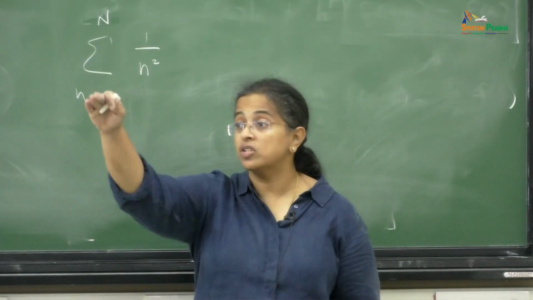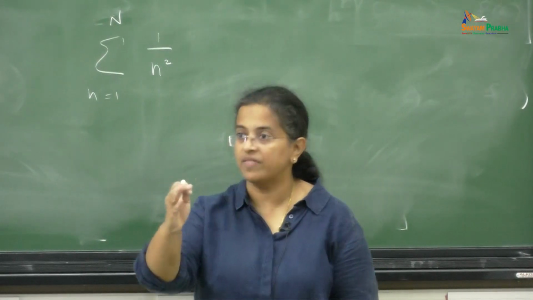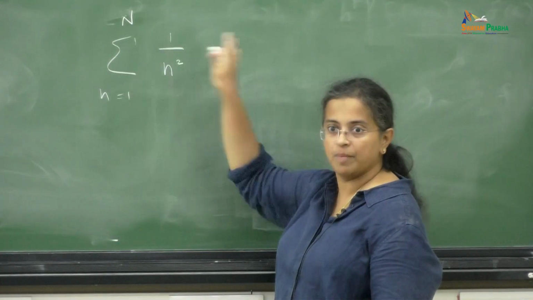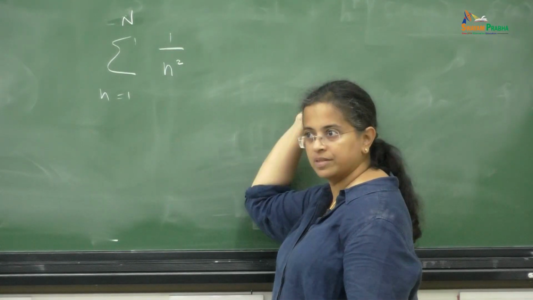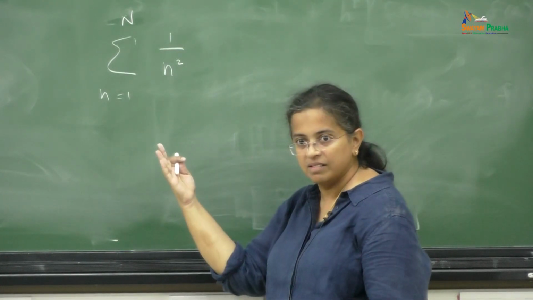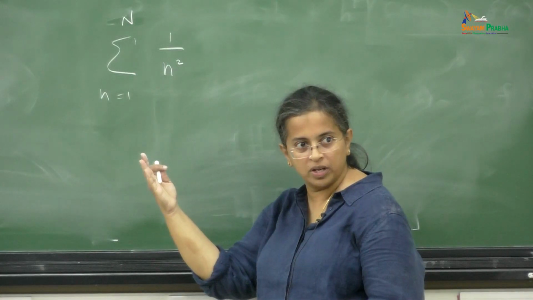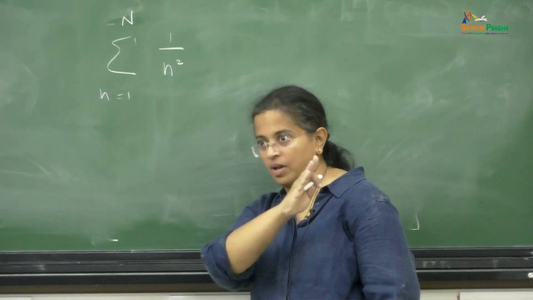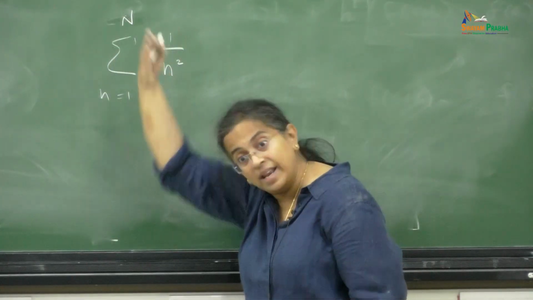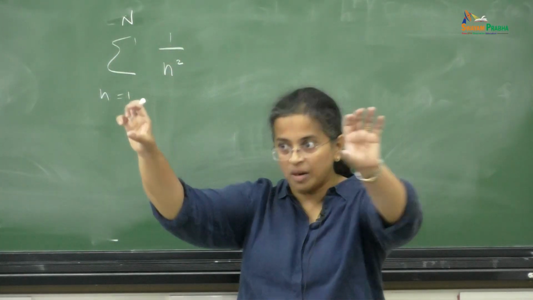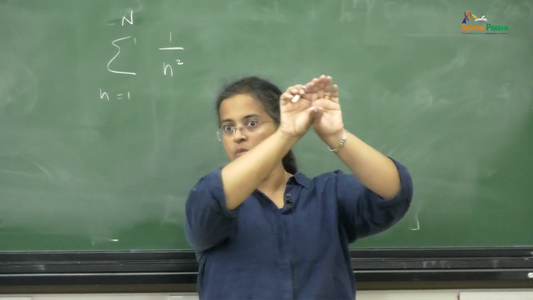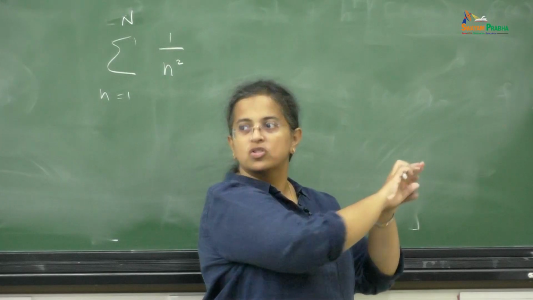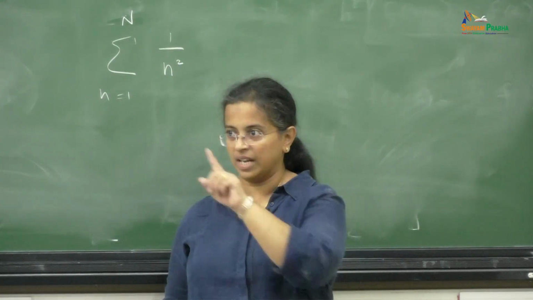But it may saturate to the wrong value. The problem arises because to a large number, I am adding smaller and smaller numbers, so it does not see the effect of the smaller number. If I change the direction, instead of adding from 1 to n, do n to 1, then I start combining small numbers which build up to large numbers, and then I add that to 1. Then that will converge to the right answer.